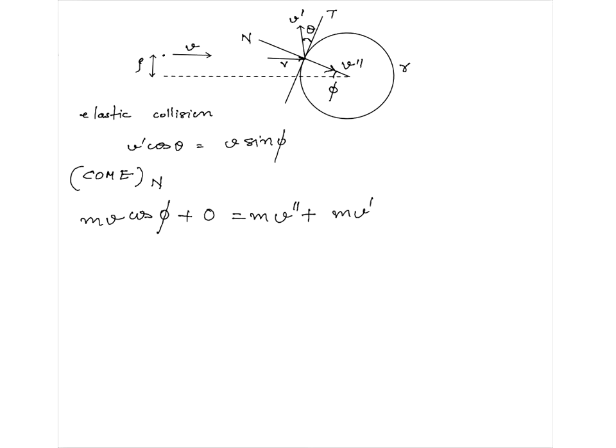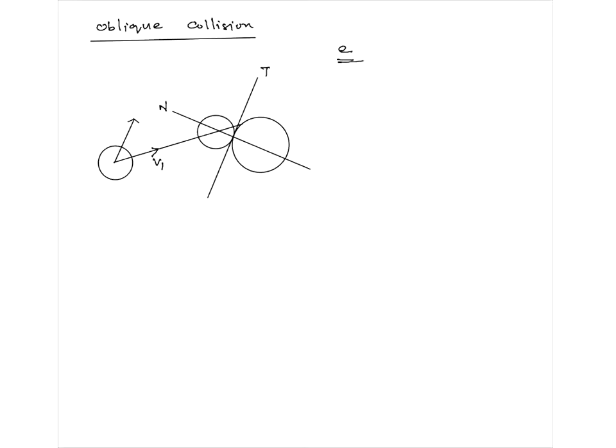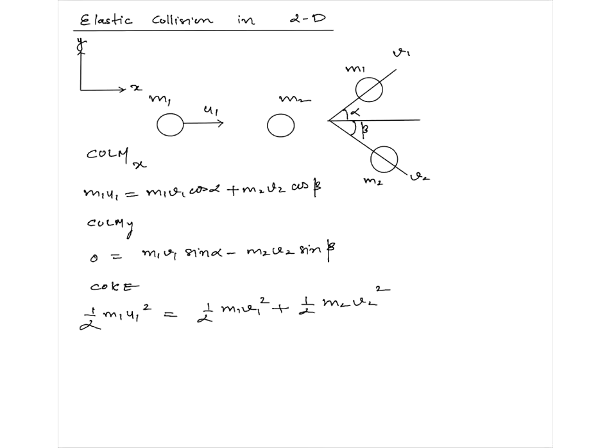So mv dash sine theta, but v dash sine theta is in this direction. Well, this is COLM. Now COKE.